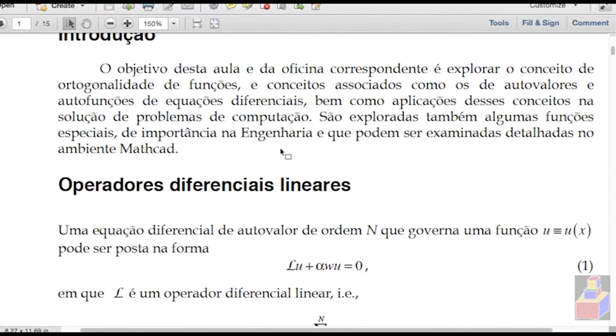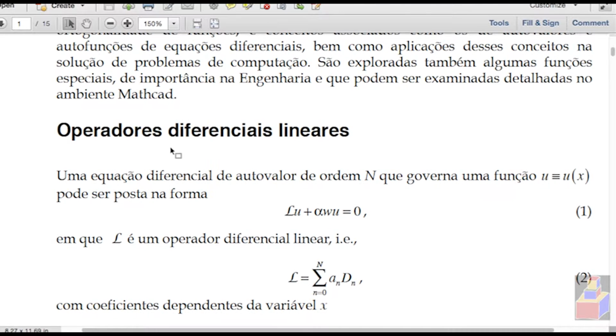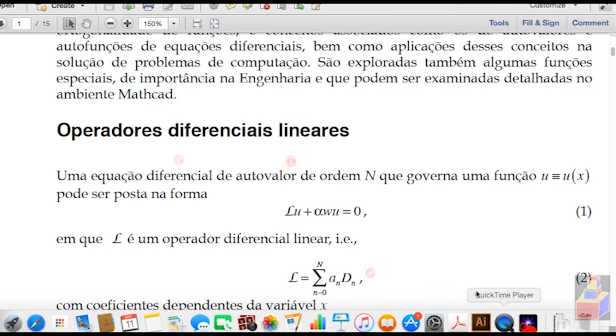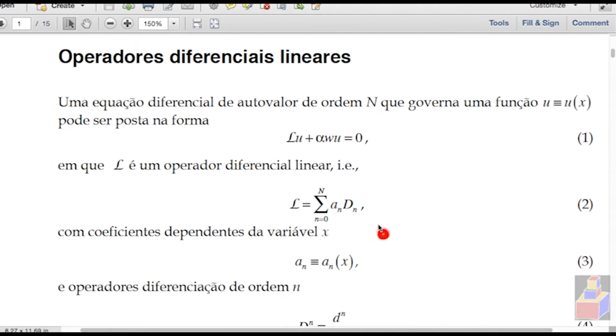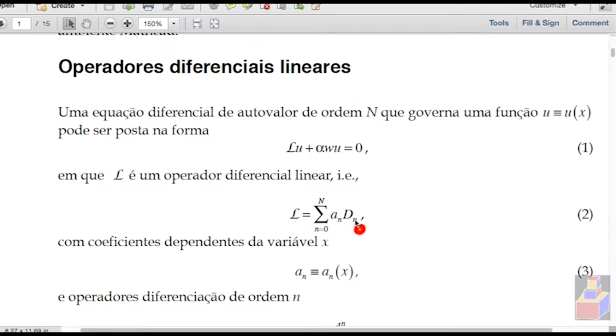So there are some concepts on linear differential operators. In general, an eigenvalue differential equation can be written in this form. Okay? L is a linear operator of order n, something like this.